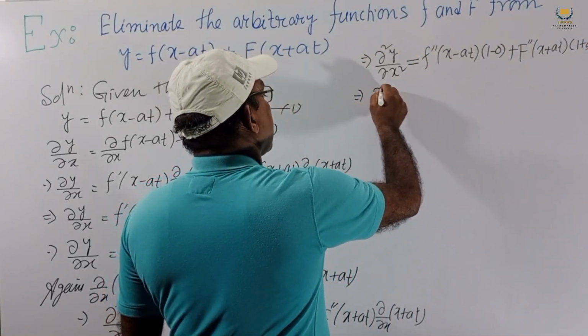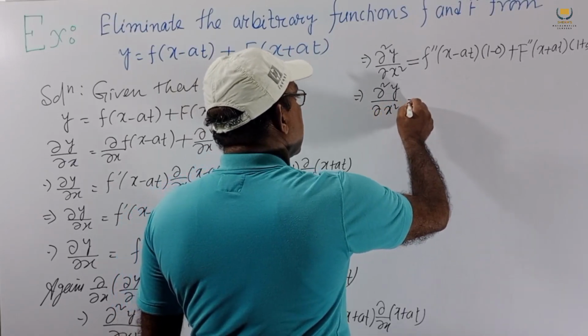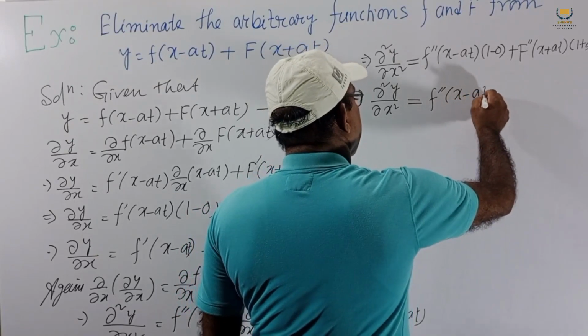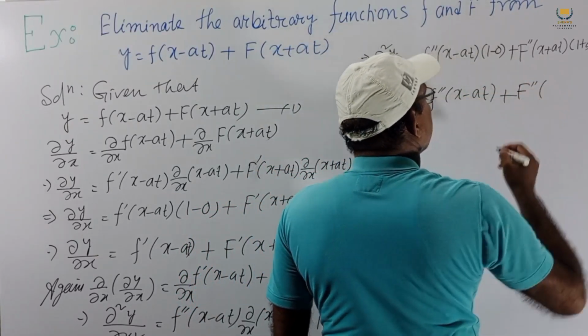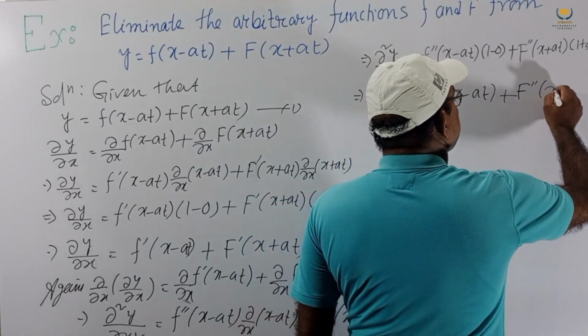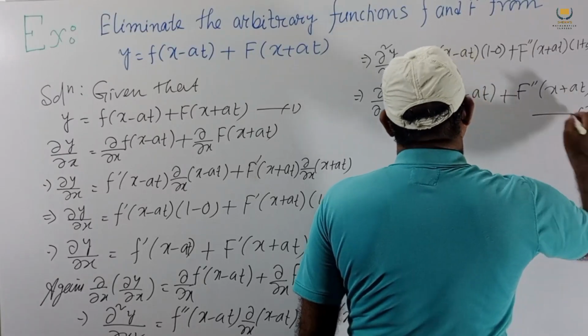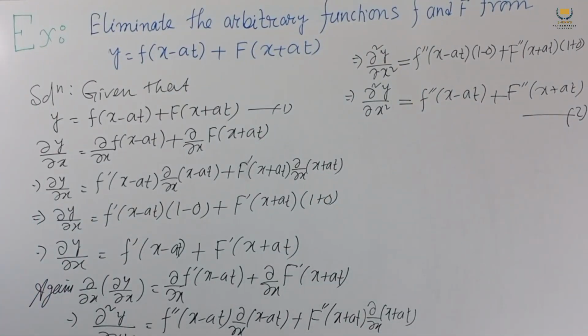Ultimately we get ∂²y/∂x² = f''(x − at) + F''(x + at). So this is equation number 2 we consider. So equations 1 and 2 we consider.